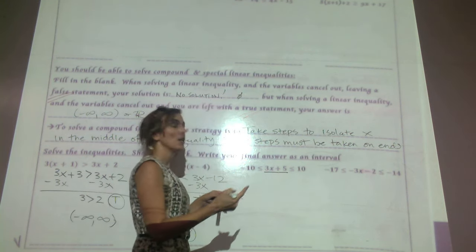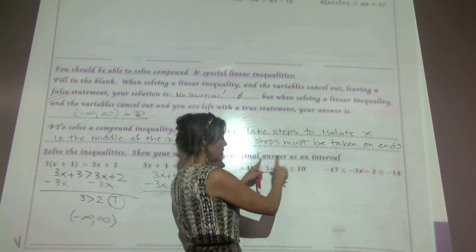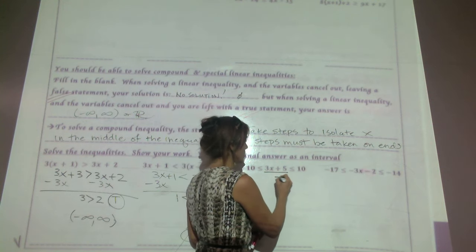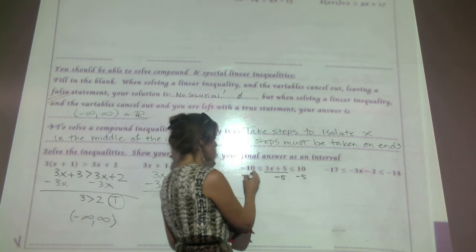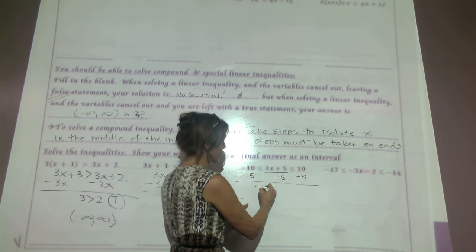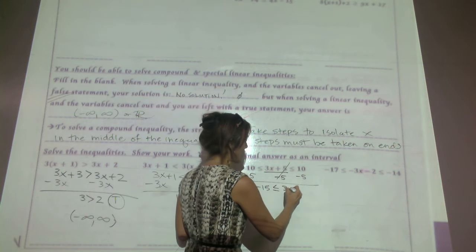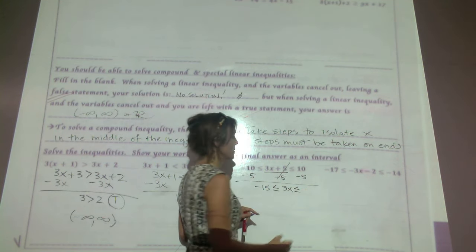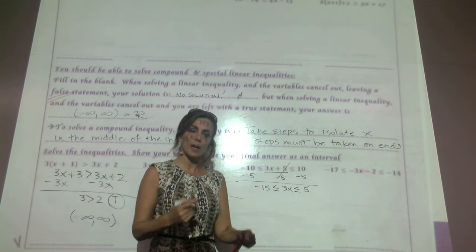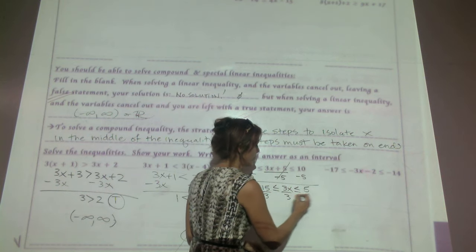It's very easy. So let's go ahead and think about this. If I wanted to get this x by itself and isolate it, the first thing I would do would be subtract this 5. So subtract 5, subtract 5, subtract 5. This becomes negative 10 minus 5, or negative 15, less than or equal to, these cancel, 3x, less than or equal to 10 minus 5, which is 5. Close. One more step. We need to get rid of this 3. So we're going to divide everything through by 3.